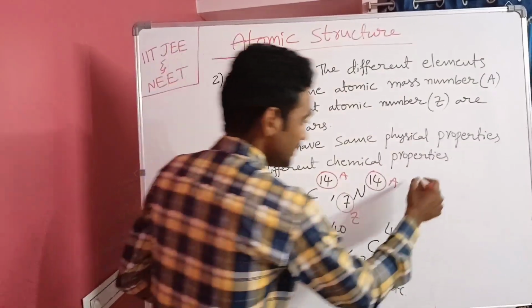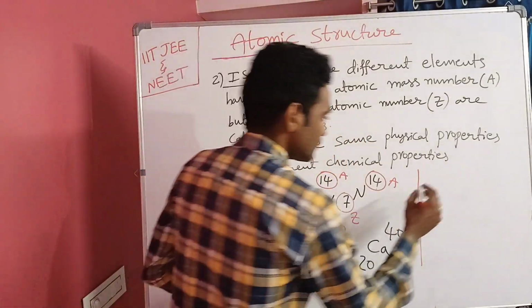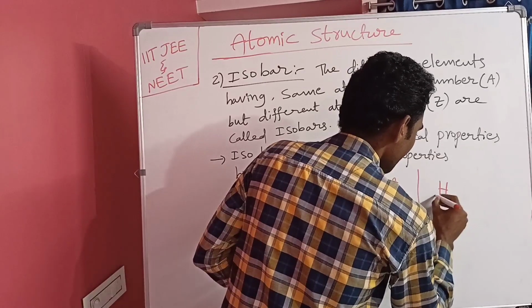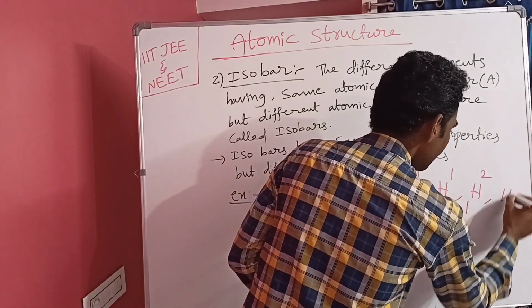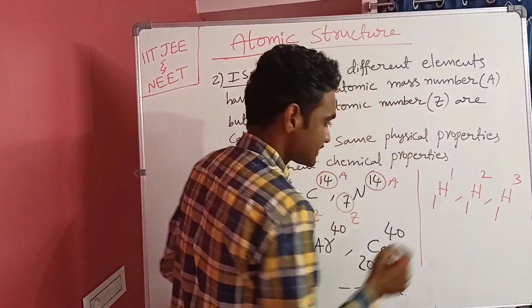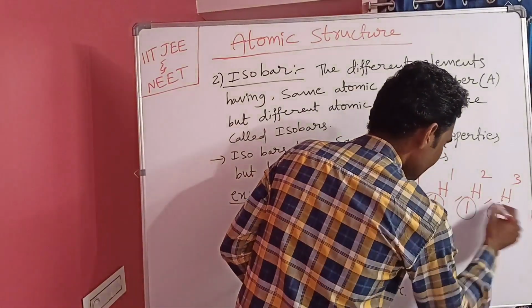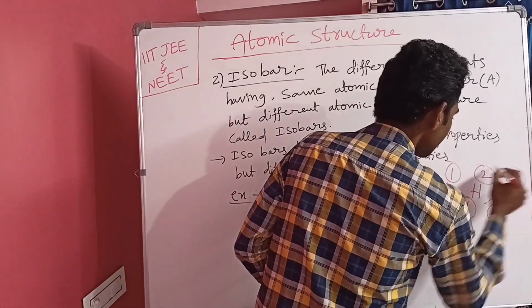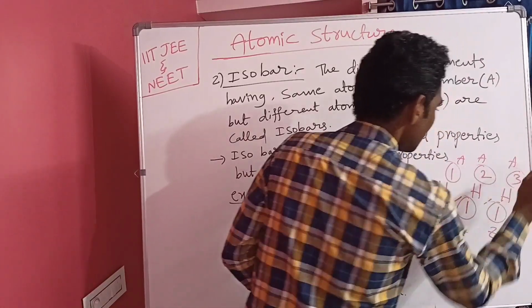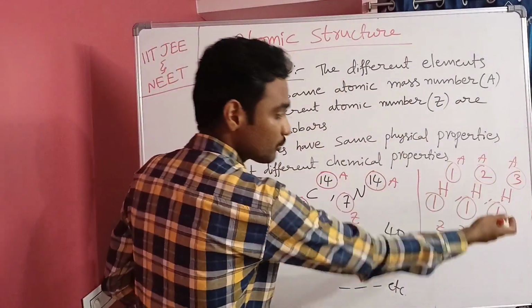But in the case of isotopes, same Z value but different A values. These are called isotopes.